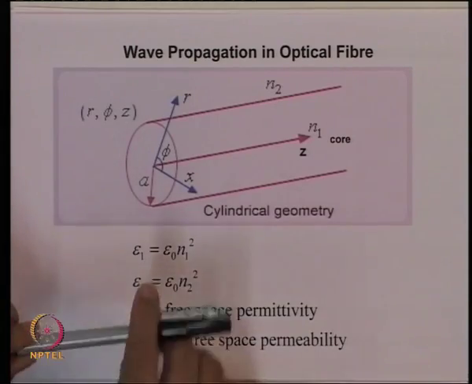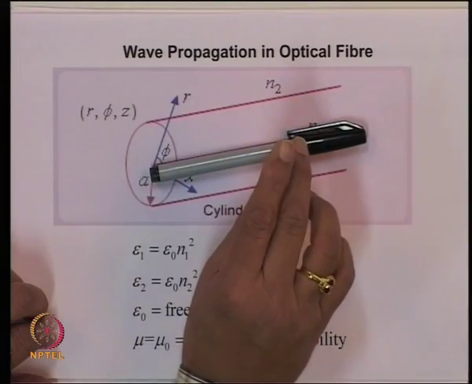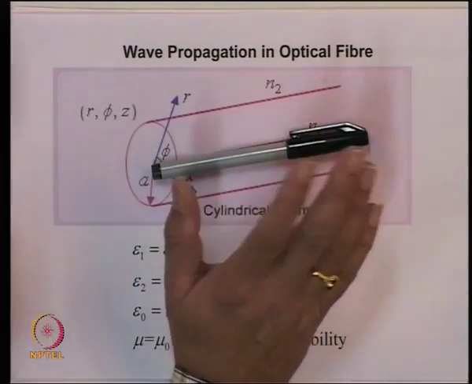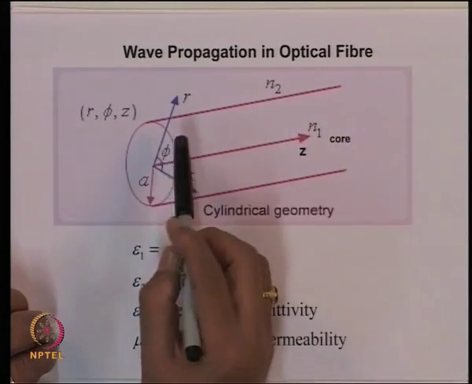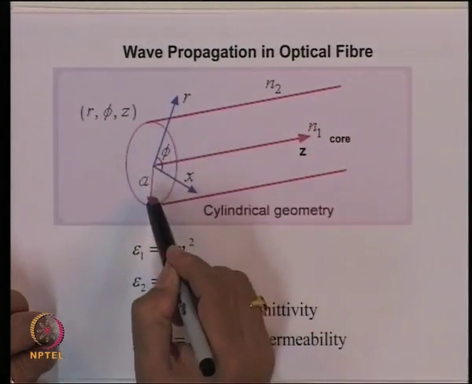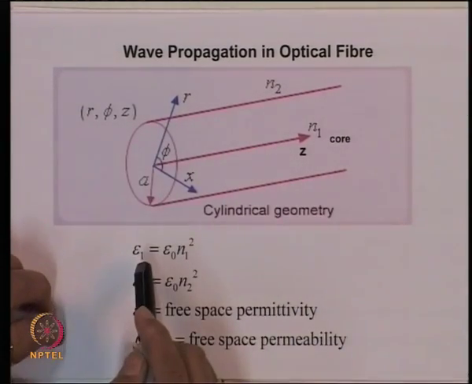That means the z component of either electric field or magnetic field is tangential to the interface between core and the cladding. Similarly, if I consider a field which is phi oriented, that will be tangential again to this interface.